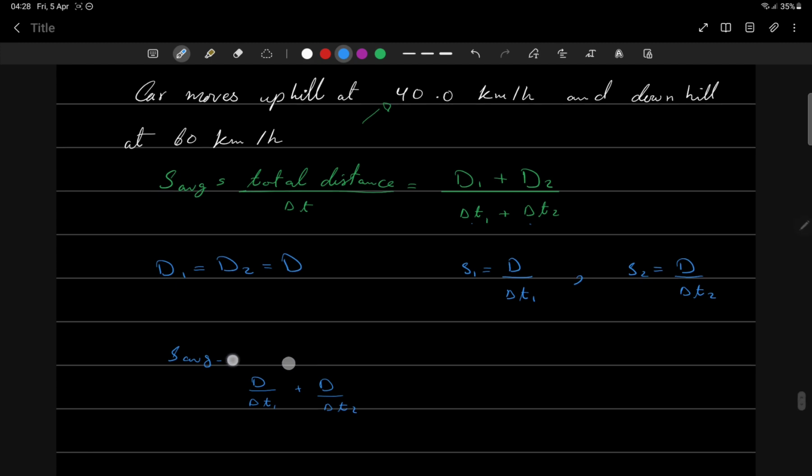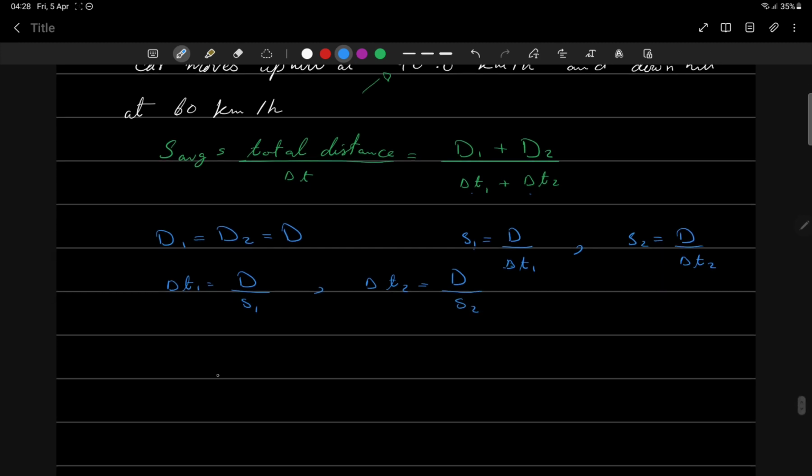I'm sorry, there is a step that I skipped. I have to find delta t1 and delta t2. So delta t1 equals d divided by the first speed, and delta t2 equals d by the second speed.